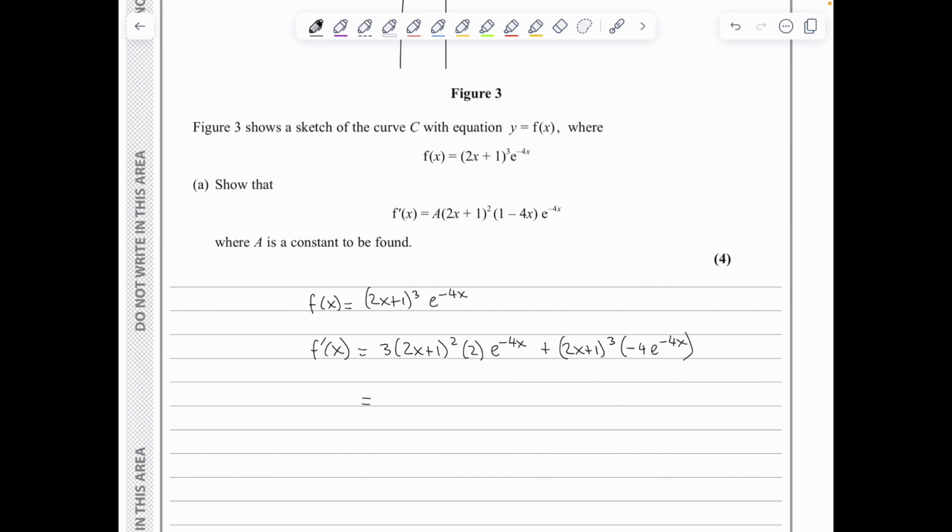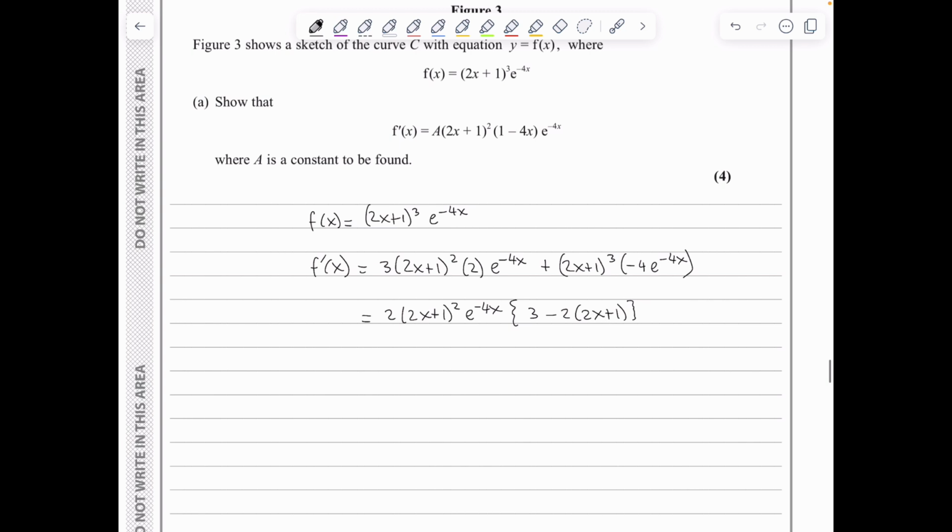Notice that there is a common factor of 2 brackets 2x plus 1 raised to the power of 2 times e to the minus 4x, which leaves me with a 3 here, minus a 2 times 2x plus 1, and therefore I only need to simplify the final set of brackets.